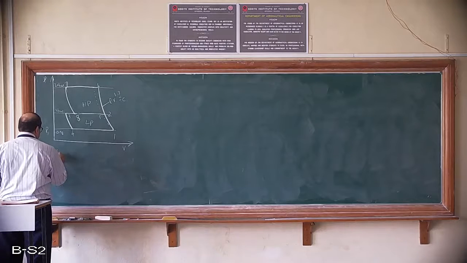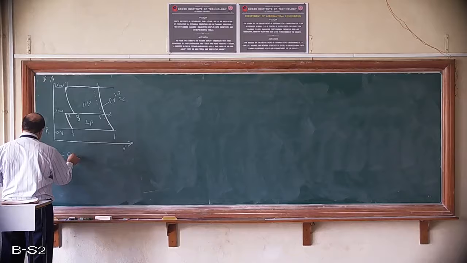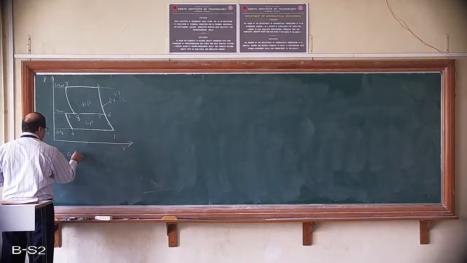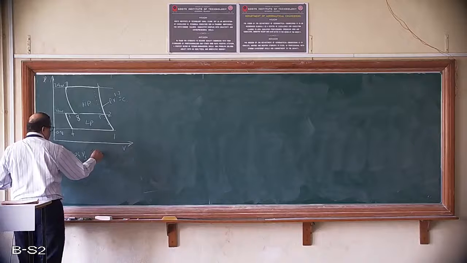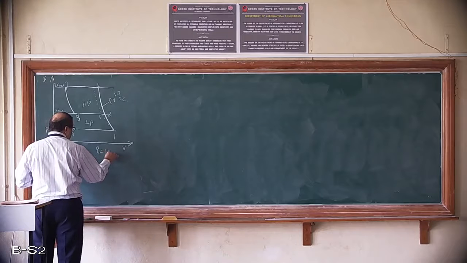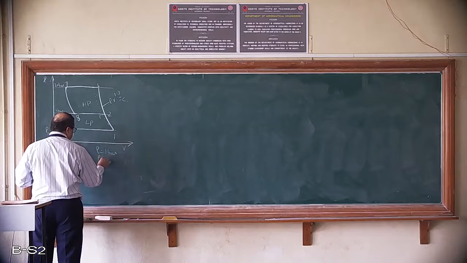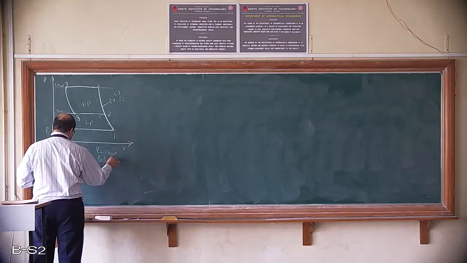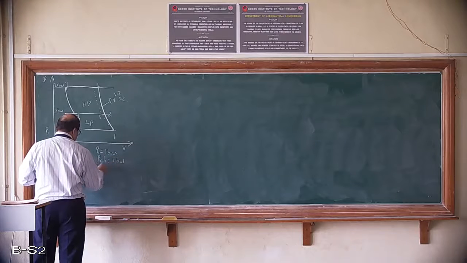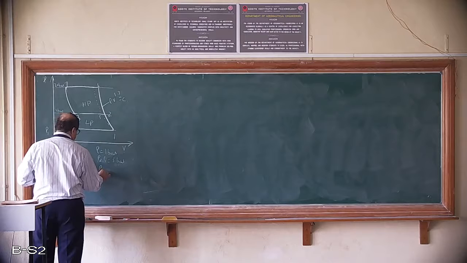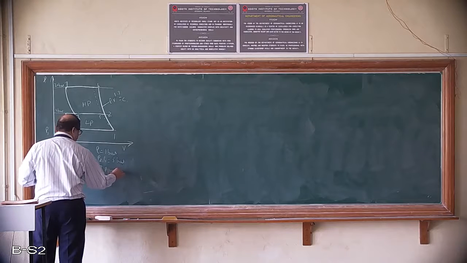Vc is equal to 0.04 Vs. So P1 is 1 bar, P2, P3 you can say, is 5 bar, and P6, P7 is 20 bar.